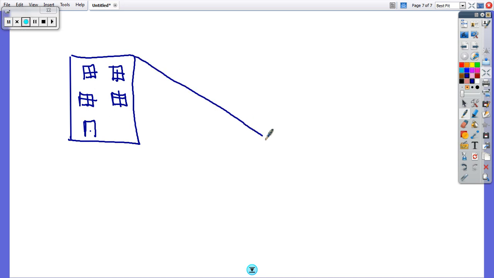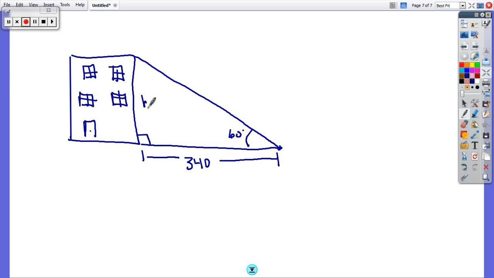But you do know that if you stand on the ground here, 340 feet away from this building, you know that this is 60 degrees. Now you can find the height of the building. It's easy, right? You know the adjacent side and you're trying to find the opposite side. I'm sorry, this degree measure is 65 degrees.